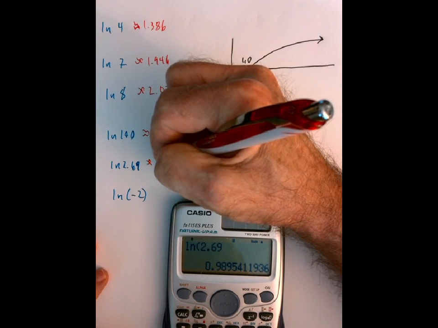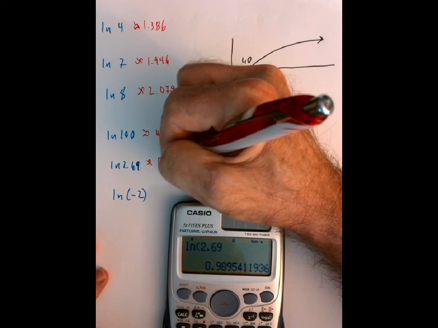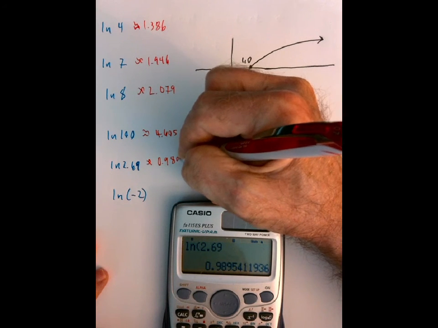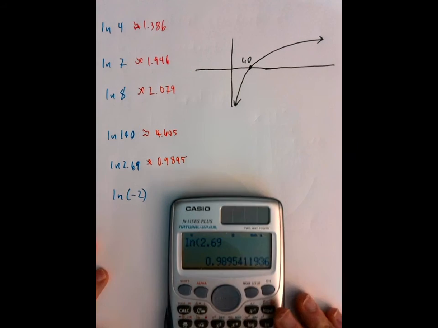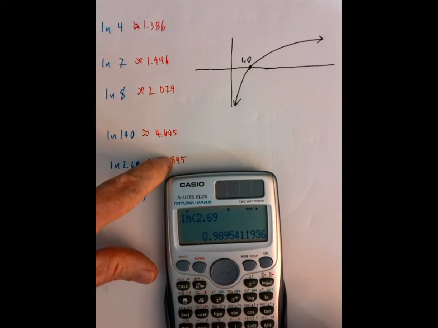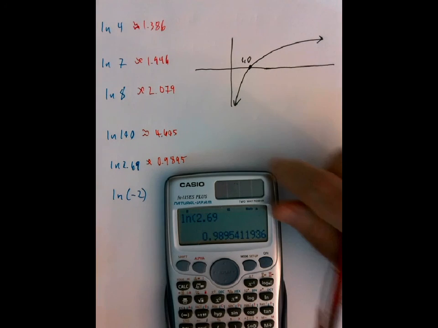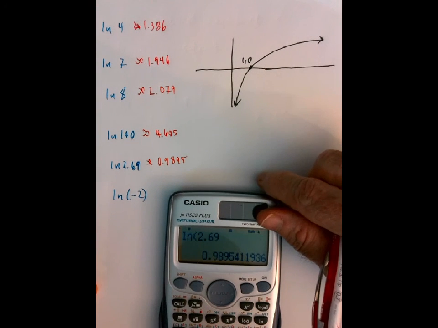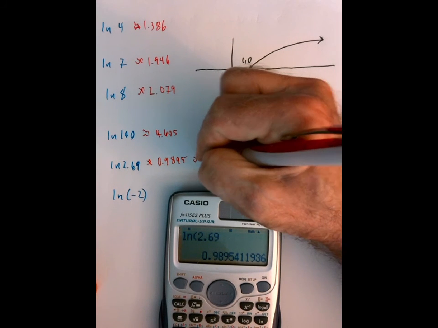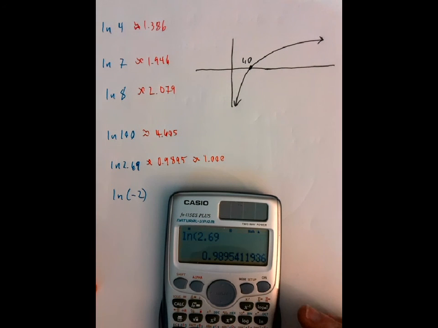I don't like calling that 1 because that's not equal to 1. I'm going to take that out to 4 decimal places, so I don't have to round it off. Okay, so that's about 1. And if we rounded it off to 3 decimal places, just to be clear, that's where it would be.